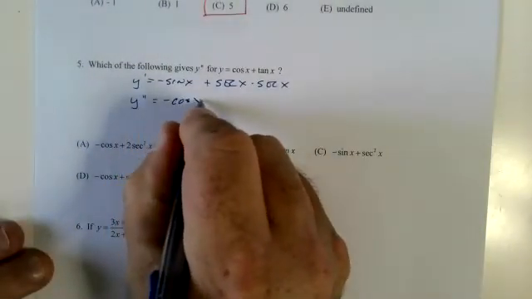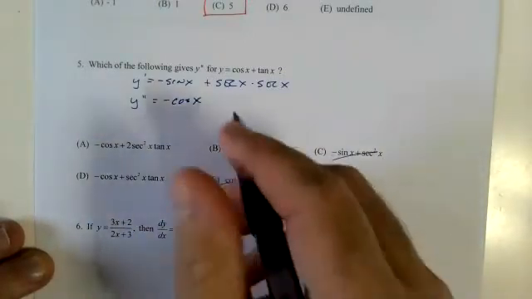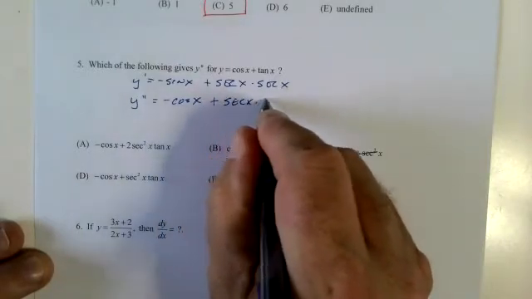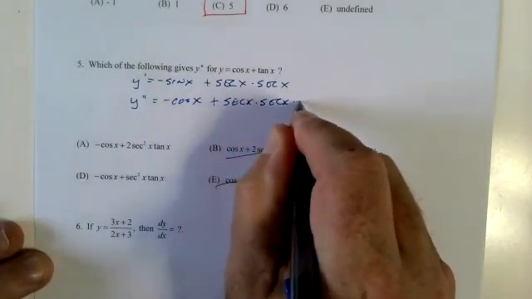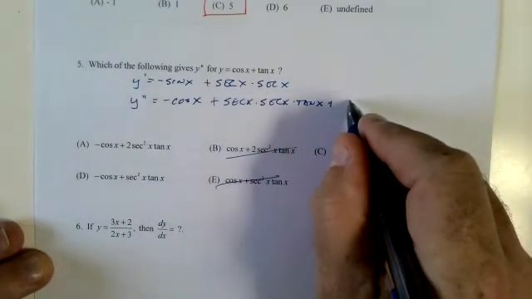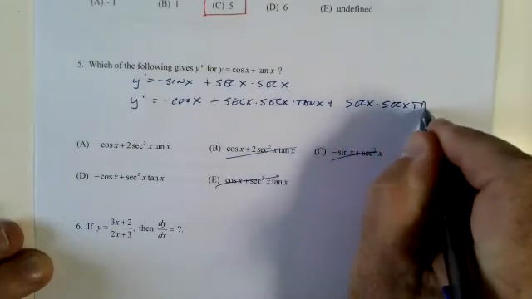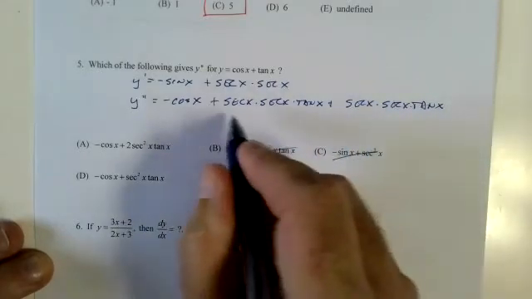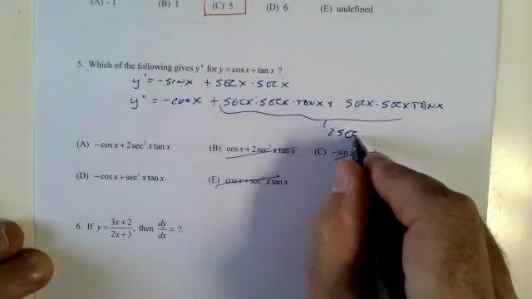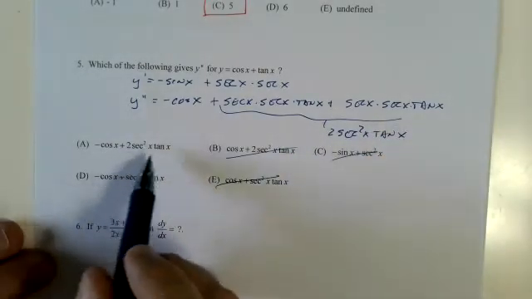Negative cosine of x, plus, leave it, in other words, 2 secant squared x tangent x. So there it is.